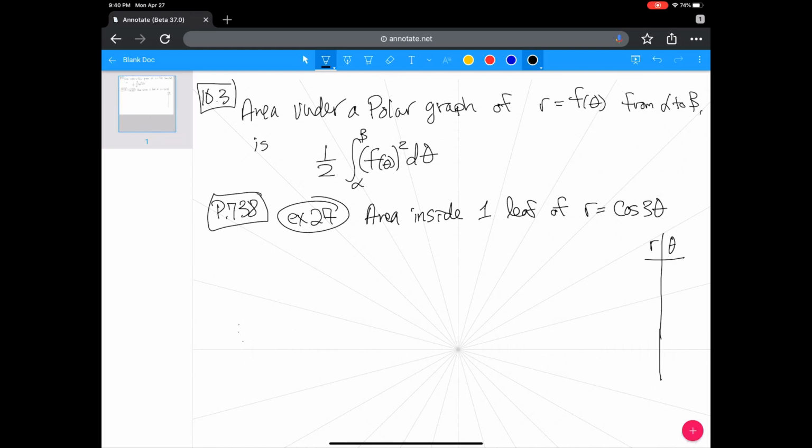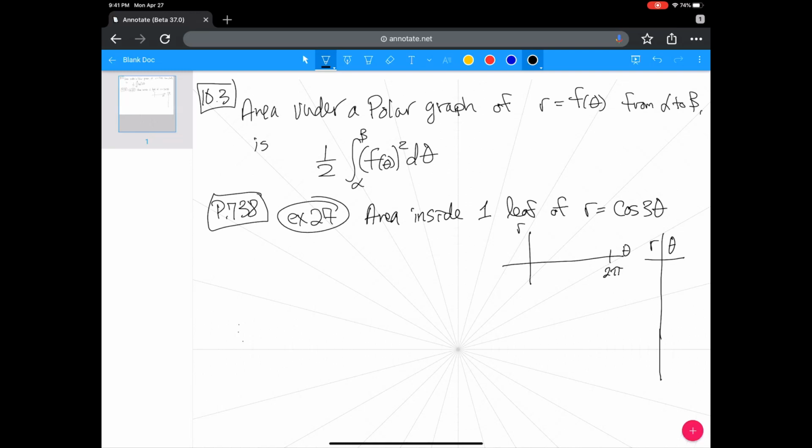So for example, I'll make a little sketch of the r value versus the theta value for cosine 3 theta. If I go all the way around the polar graph once, that's going up to 2 pi, and hopefully we'll see if that completes the graph. However, cosine has a 2 pi period, but if you put in 3 theta, then the period is 2 pi divided by 3.